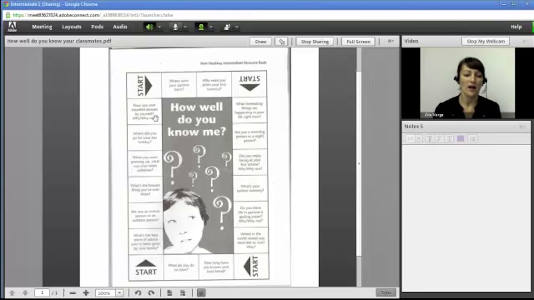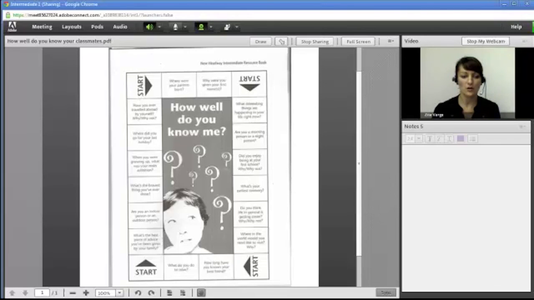Now, if you can see, in every corner there is a start square. So you need to find some counters, some players, either a pencil or something to put on to mark it's your square. Every student in the same group has to start from a different square, from a different corner.